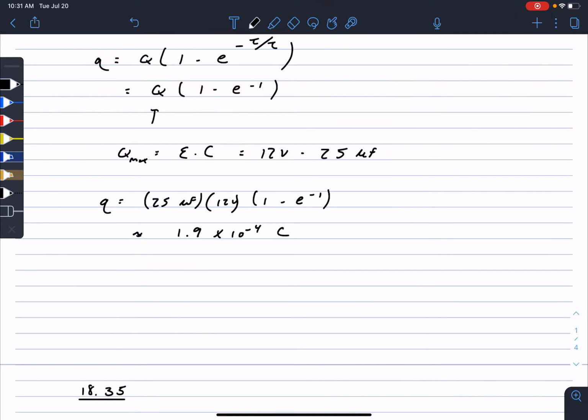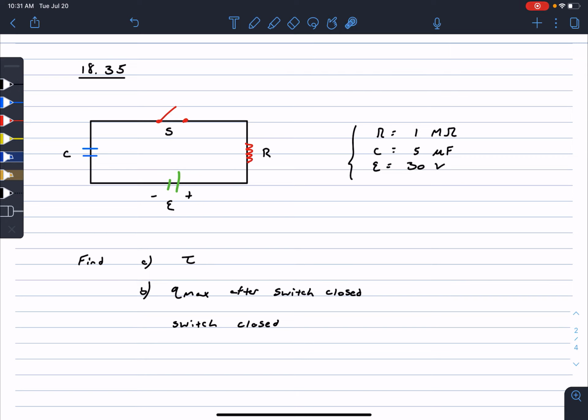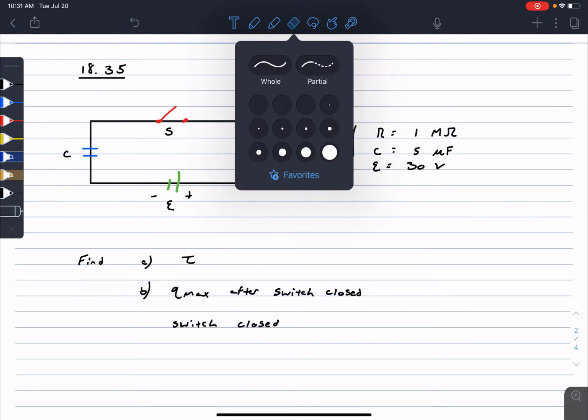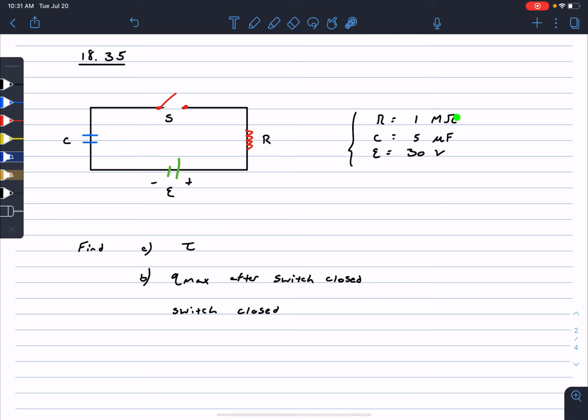Let's do the next one right away. 18.35, I set this up so we're given another RC circuit. We have a resistor, a capacitor, an open switch, and then we have an EMF. We're given values for the resistor, capacitor, and the EMF, and then we're asked to find the time constant once again.